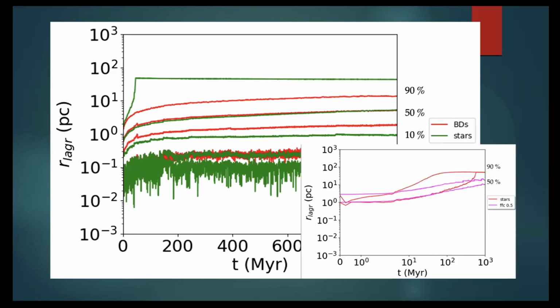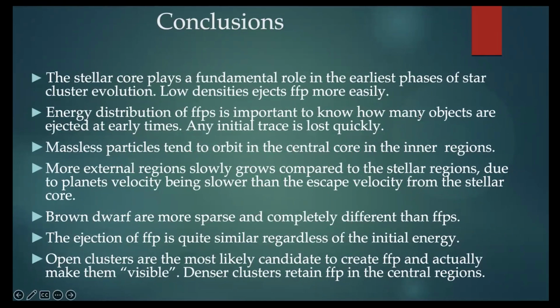And with this, I come to my conclusion, which is a condensed version, but the message I want to take home to all of you is that free-floating planets are retained in the center of the star cluster. And with time, this is always true because, for example, for globular clusters you will see much more retention.